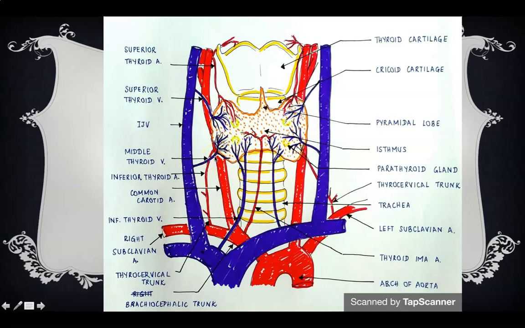Like I told you, it arises from the thyrocervical trunk, but in 15% of cases it can arise from the subclavian artery. Then this is your thyroid ima artery here, but this is not seen in all cases.